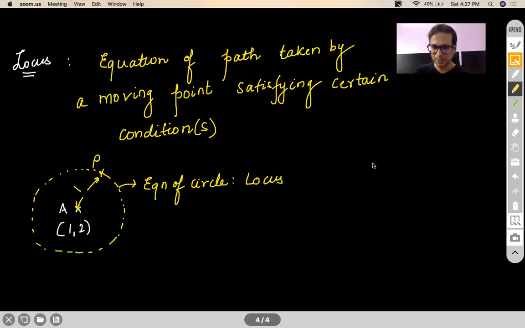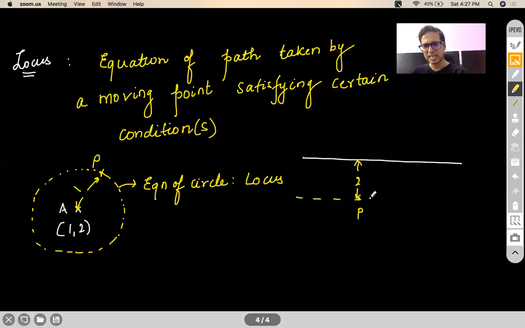Are you getting my point? Okay. Let me take another example. Let's say there is a fixed line whose equation is given to you. And there is a point which moves in such a way that it always maintains a 2-unit distance from this line. So what would be the path taken by this point P? You will say obviously it would be a straight line parallel to this line, correct?